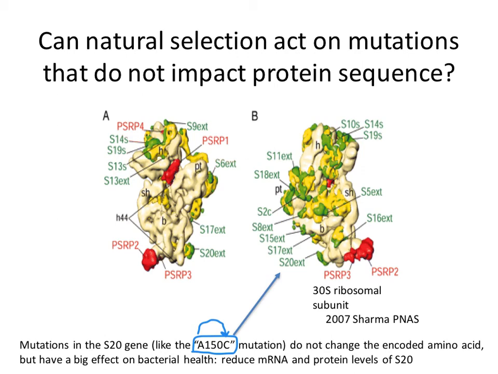So what does this imply? What are we to assume then about this synonymous mutation? Its effect is not in the protein. The effect is in which molecule? Either the DNA or the RNA. So when we talk about synonymous mutations, oh, they must be neutral because they don't change the protein sequence.